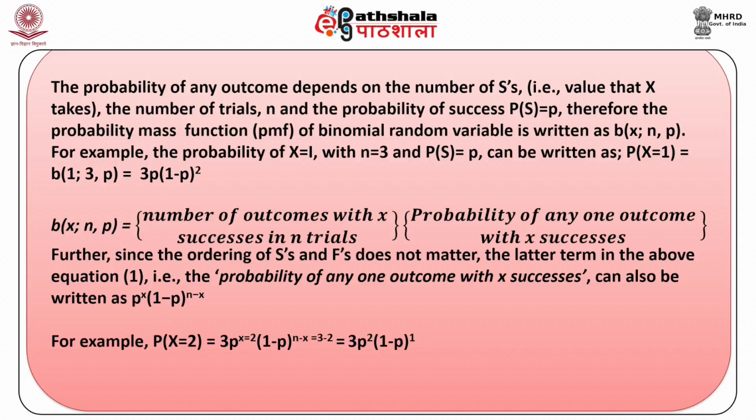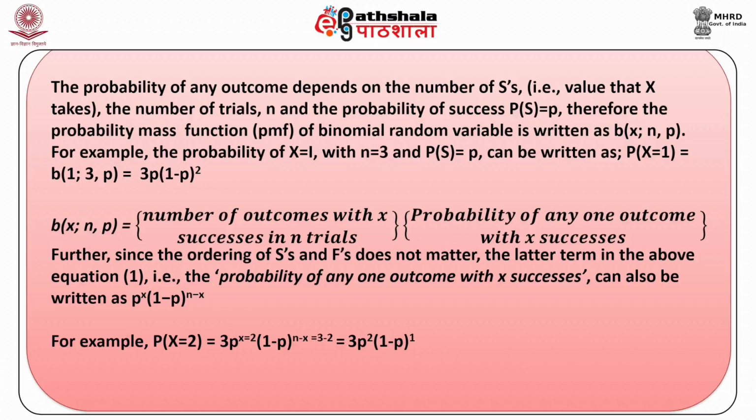Therefore, the probability mass function, also written as PMF, of a binomial random variable is written as B, and in the bracket we write x semicolon n comma P, which means it is the binomial distribution of x with n and P as the parameters.